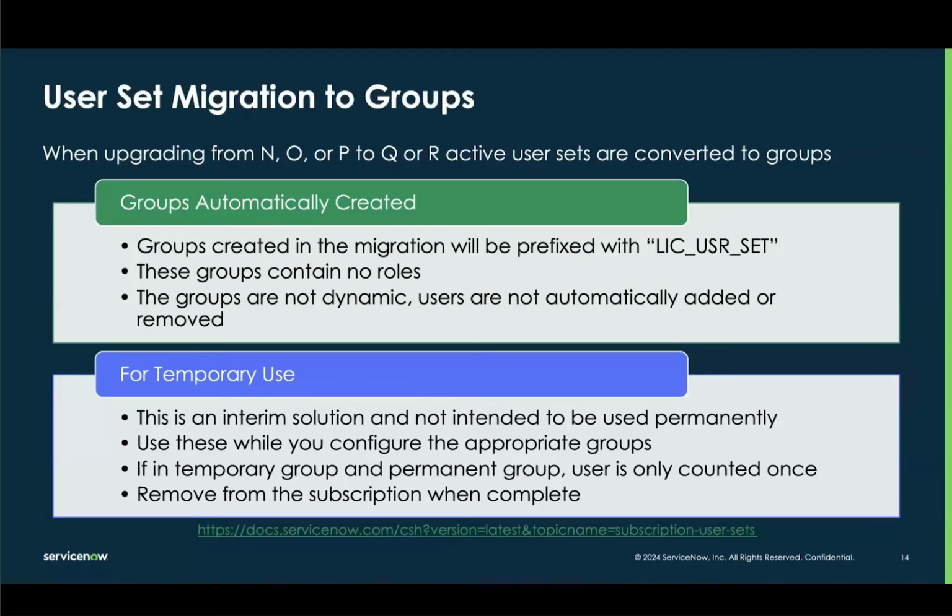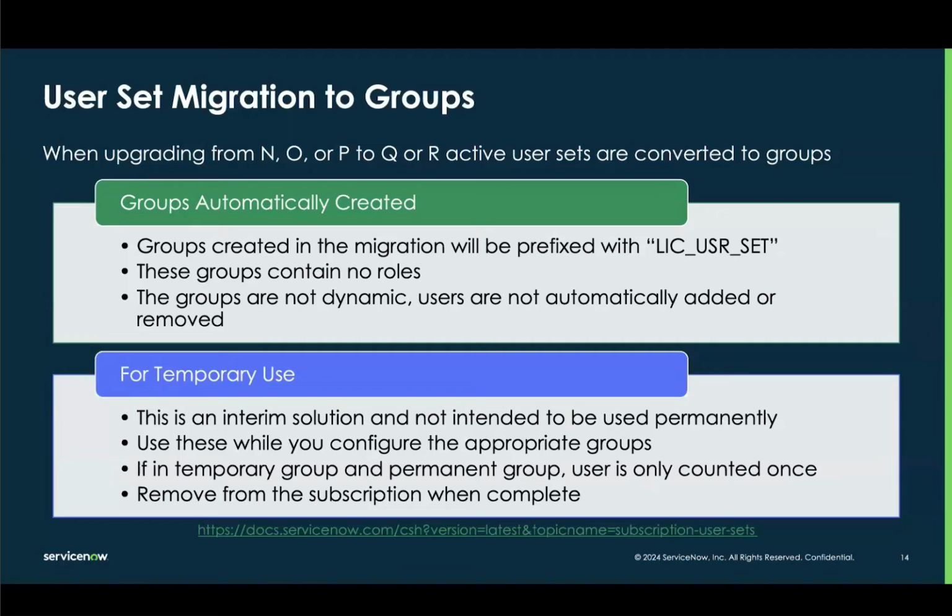When we moved to Quebec, we took all of your user sets and converted them to groups. This was a temporary measure to keep some of the numbers consistent. If you see a group mapped to a subscription that starts with LIC USR SET, which is engineering for license user set, they don't contain any roles. They were just a mapping of the user sets to come through.